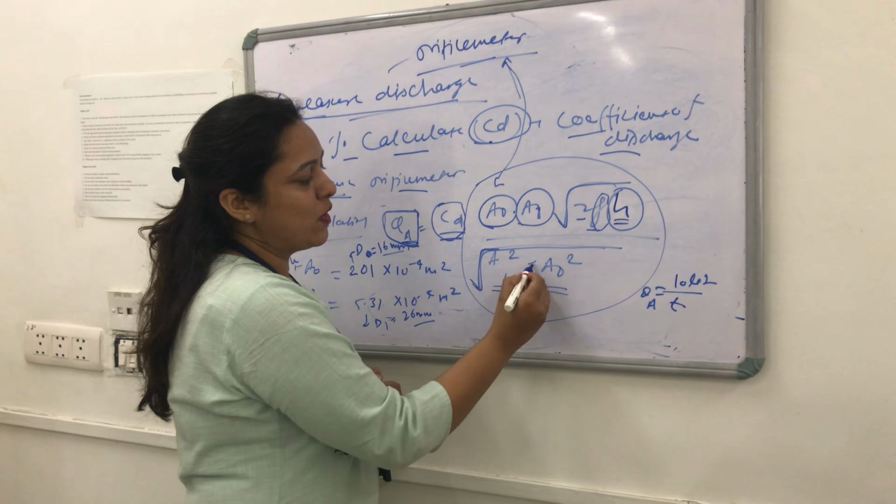Let us see the value of D0, the orifice diameter. It is 16 mm, which we will convert into meter with 10 to the power minus 3, and D1 is 26 mm. This is the diameter of the inlet. As you can see, D0 is 16 mm and D1 is 26 mm, which indicates that D1 is greater than D0, which is obvious as we have seen in the equipment.